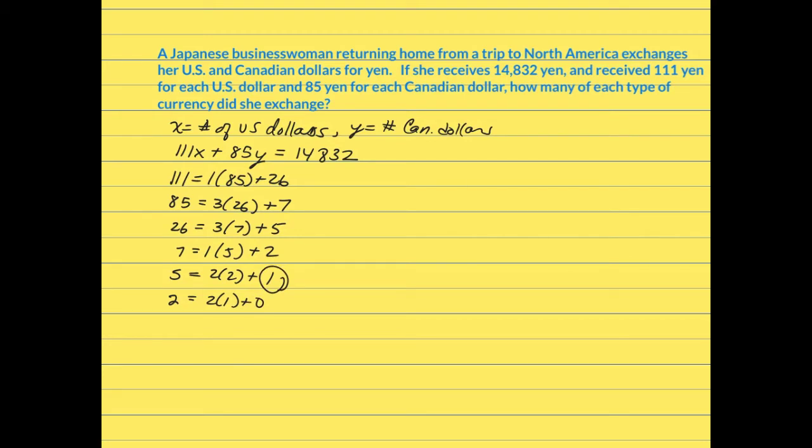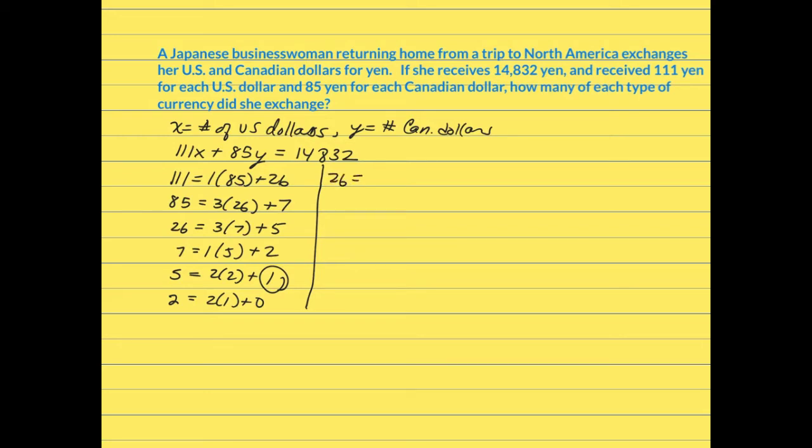So the GCD is 1, and 1 does divide evenly into 14,832. So we know we have a solution. So as before, to set up for the extended Euclidean algorithm, we're going to solve each one of these equations for the remainder.